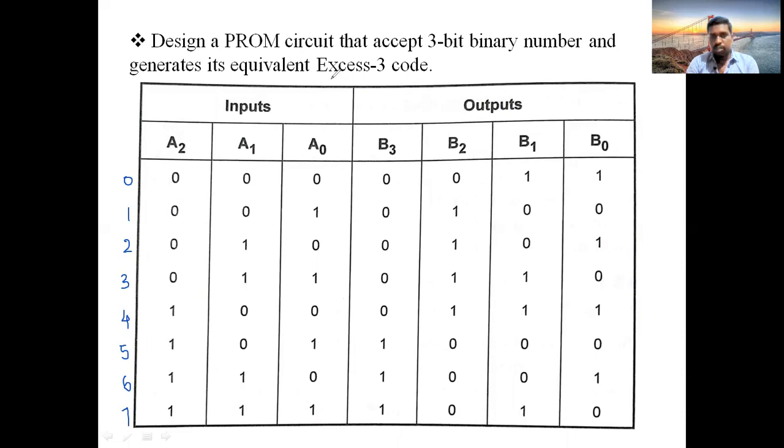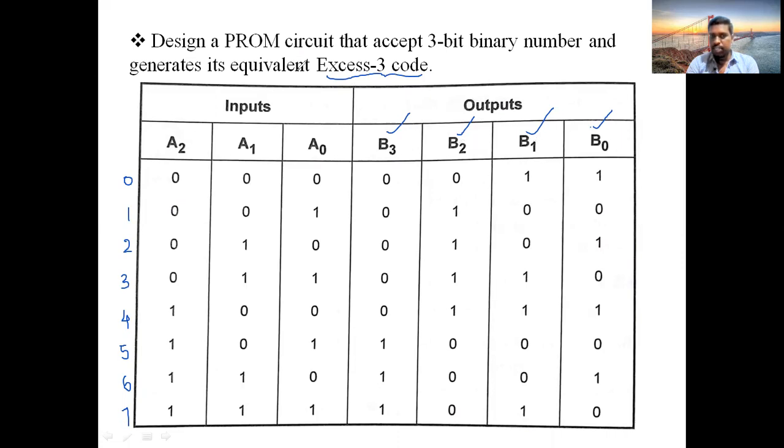Next, what is the output? XS3 code is the output. So minimum we take 4 bits for XS3 code. So take B0, B1, B2 and B3. The minimum number of bits in XS3 code is 4. That's why I can directly take 4 bits at the output side. Why?